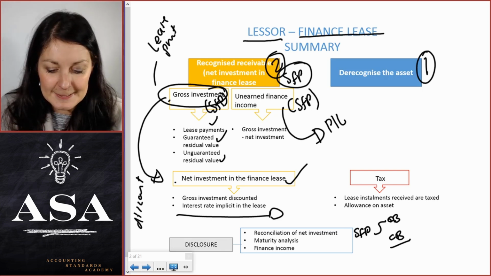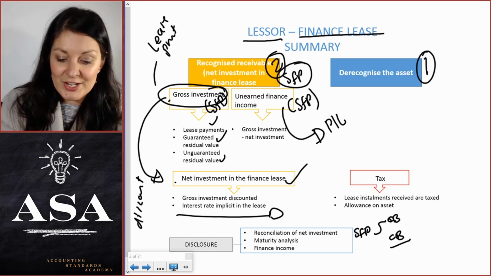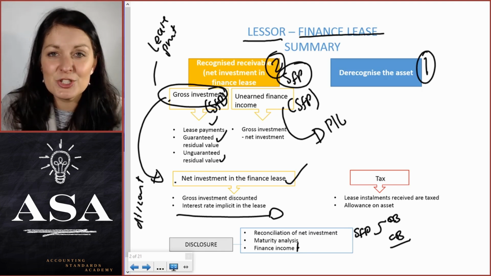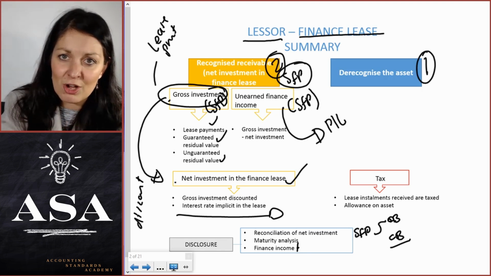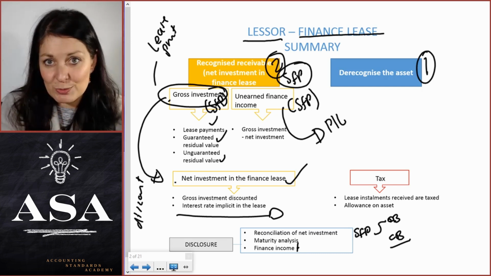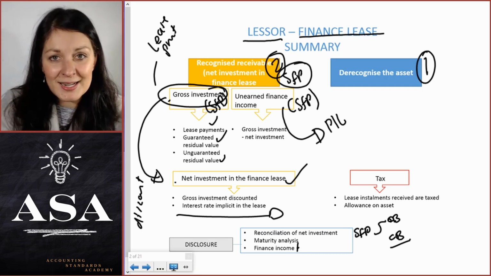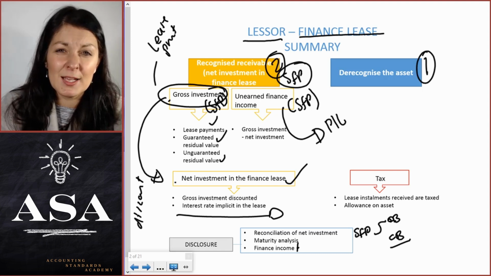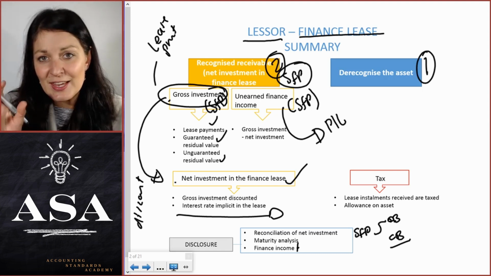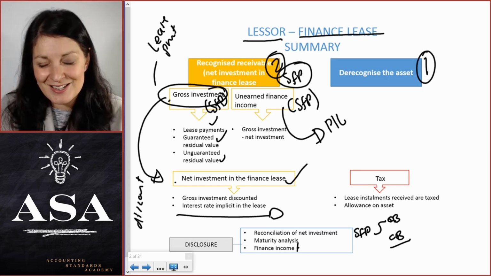In addition to that, you also have to show a maturity analysis, and that maturity analysis comprises of the gross investment, the lease payments that you will receive there, minus all your unearned finance income that you've released, and the impact of all of this on your net investment account.